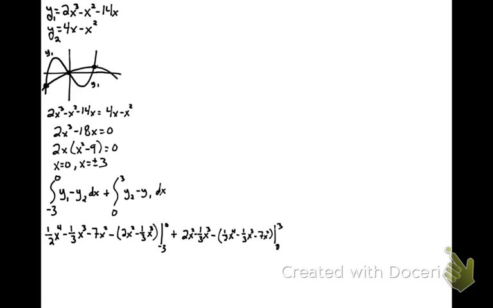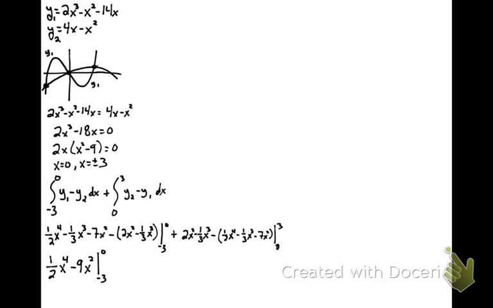Before I evaluate these, I'm going to clean them both up a bit. So my first equation will simply be 1/2 x to the fourth, the 1/3 x cubed dropped out, minus 9x squared from -3 to 0.